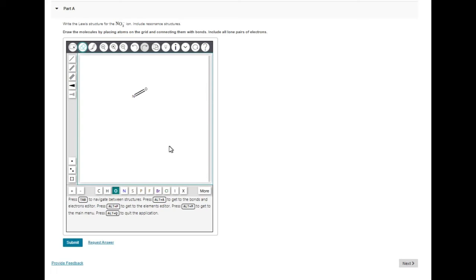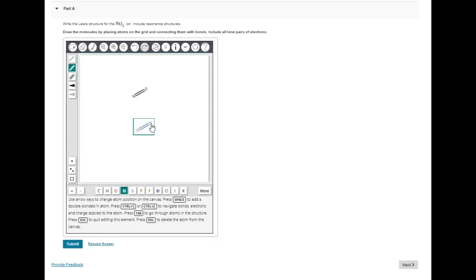Instead of starting off with nitrogen on the second one, we're going to start off with oxygen, and I want to double bond it to a nitrogen. So let's pick oxygen first, pick nitrogen, then double it, and then click it so it goes up and to the right. Okay, that's going to work for me, mates.